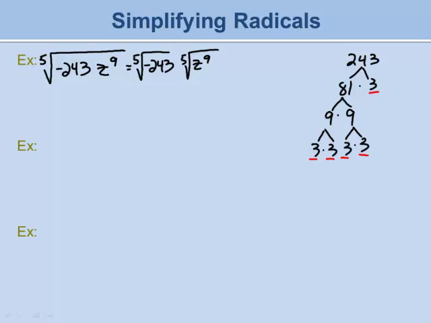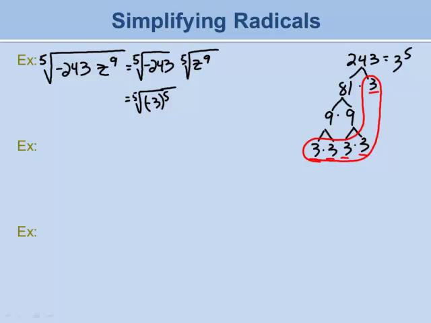So notice that the number of times 3 appears is exactly that, which is nice. So we're going to rewrite 243 as 3 to the 5th. Now, negative 243 would be negative 3 to the 5th, because an odd number of negative signs does end up giving you a negative answer. So here, we're going to rewrite negative 243 as the 5th root of negative 3 to the 5th.